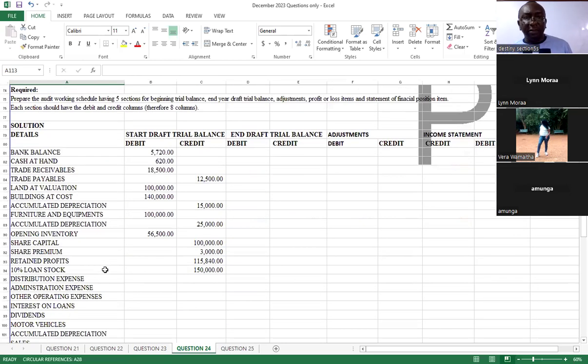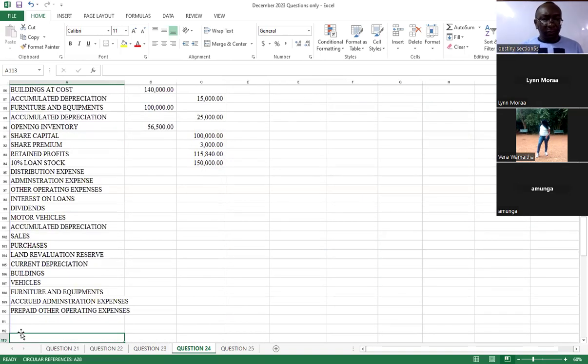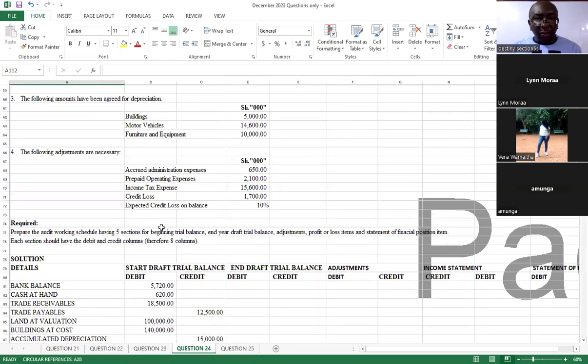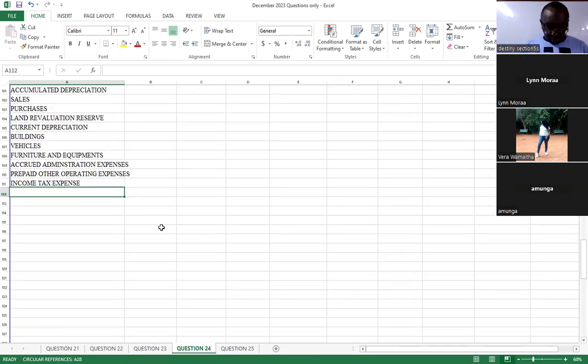We have the income tax expense. And put it there. Wanaweza goja huko mwisho. Either way. We have the credit loss expense.